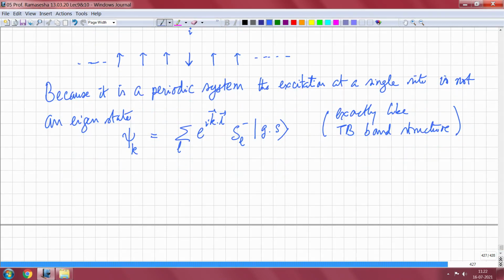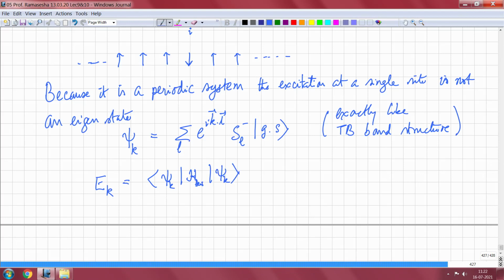So now given this psi k, the energy is given by E of k is equal to psi k H Heisenberg psi k, which is the nearest neighbor Heisenberg model that I have.